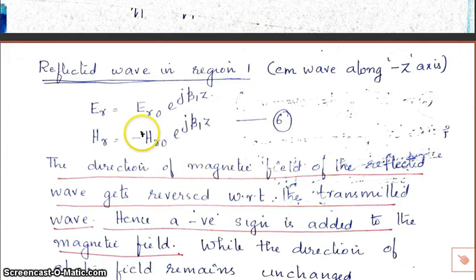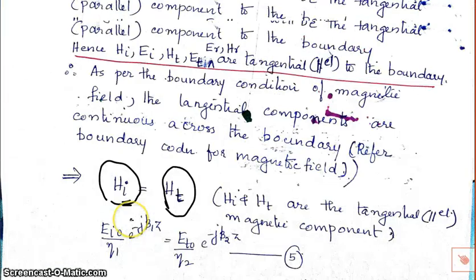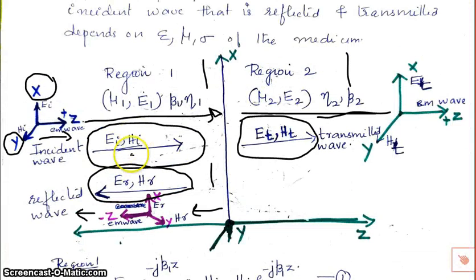And now here you can see a minus sign. The minus sign is here because the direction of the magnetic field of the reflected wave gets reversed. Hence a negative sign is added to the magnetic field. That is, you will have a magnetic field for your incident wave, Hi, in a particular direction.